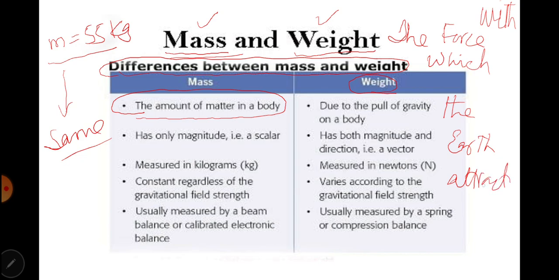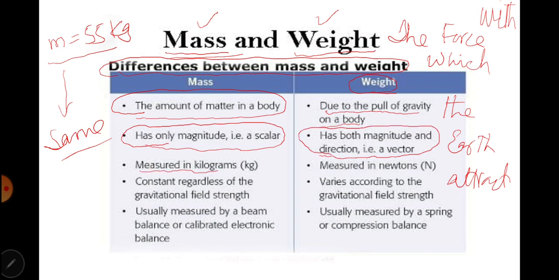The force of attraction of the earth on an object due to the pull of gravity on a body. Mass is a scalar quantity. Weight is a vector quantity.